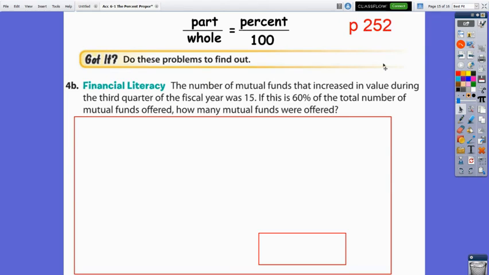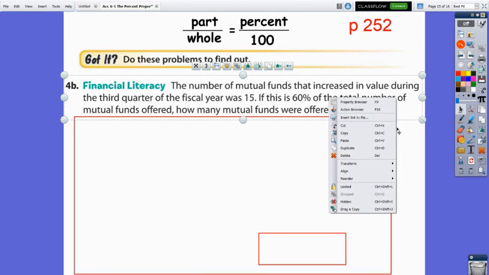Last example. The number of mutual funds that increased in value during the third quarter was 15. If this is 60% of the total number of mutual funds offered, how many mutual funds were offered? So what they're telling you is that 15 is 60% of the total. So what are we looking for in this problem?